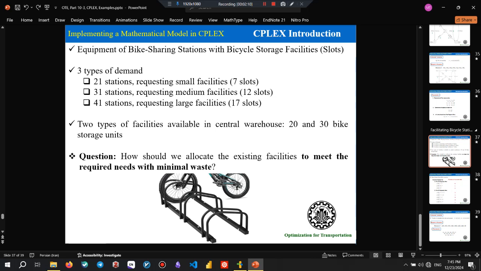We want to have the minimal waste. This is the kind of example where we first have to define and figure out the scenarios. Okay, so we have to write down all of the possible scenarios for the problem.